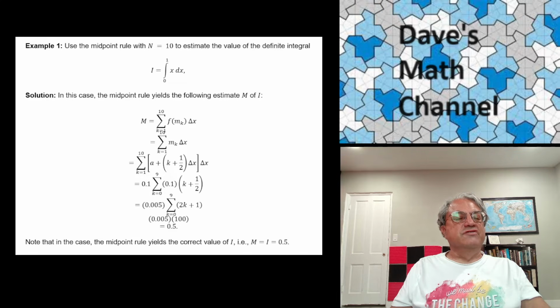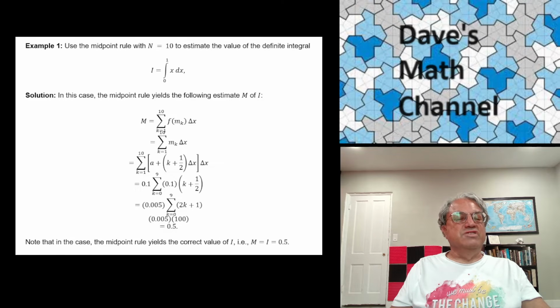You might know this. If you're summing all the odd numbers up to some range, say 9 in this case, that's just going to give you the square of the last summand plus 1. So in this case, it's going to be 10 squared or 100. So you're going to get 0.005 times 100, which is just 0.5.